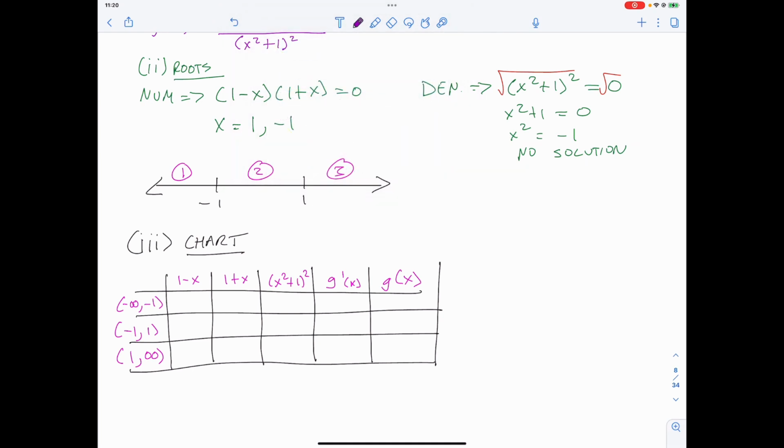When I sub in a value that exists in these intervals, I get a positive, a negative, and a positive. I get a positive, and a positive. And I get a negative, a positive, and a positive. What is happening in these regions?